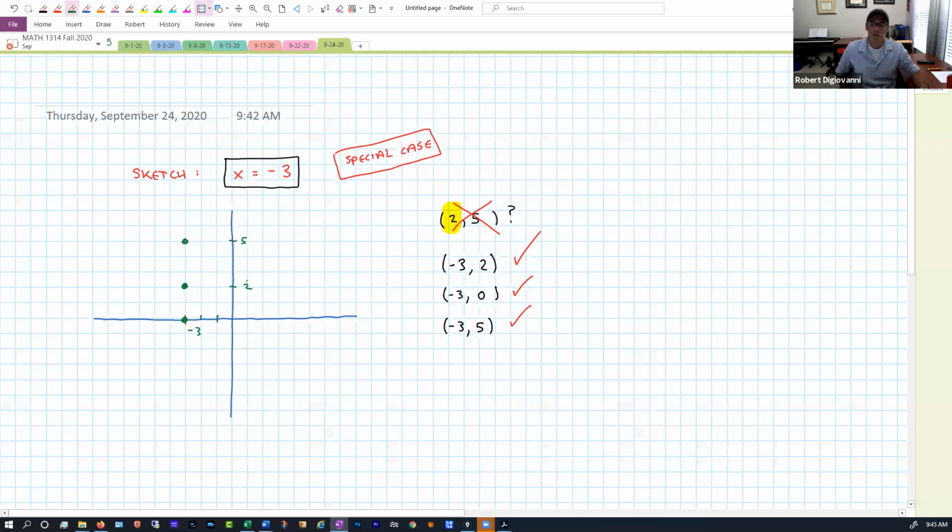Can you see what kind of line this is? It's all these points where the x value is -3 and the y value doesn't matter. And so what you get is a vertical line.